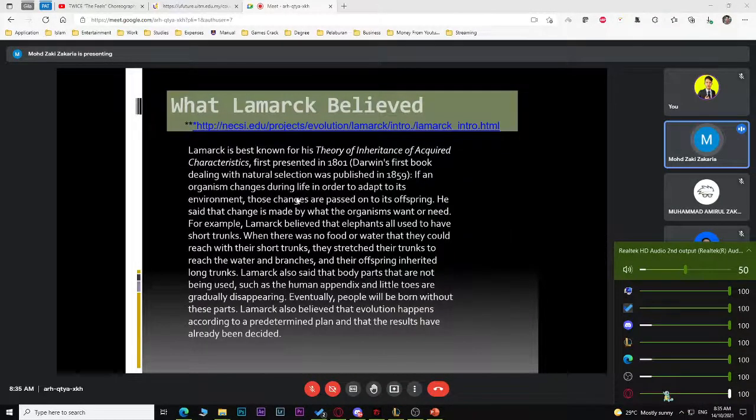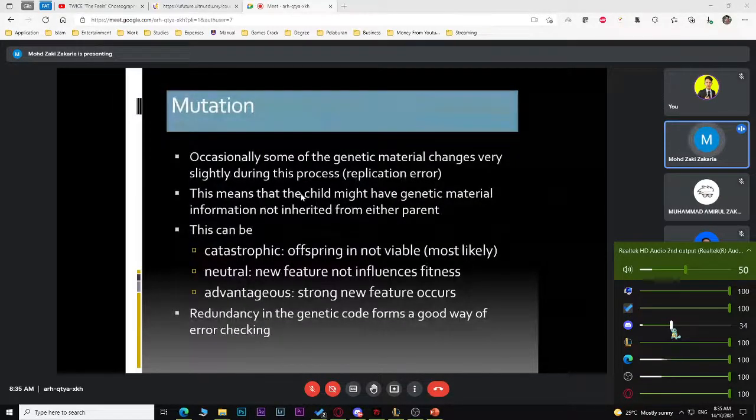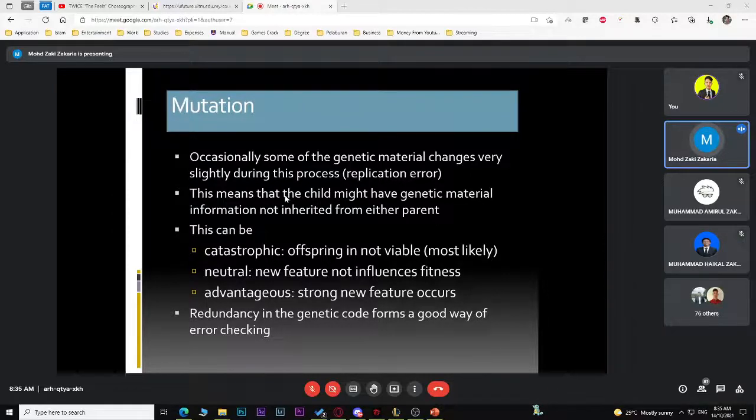Okay, this one also you can go through on your own. Mutation. What does mutation mean for evolutionary computing? For example, we have a chromosome like this, and for this chromosome we have a value for each sector.